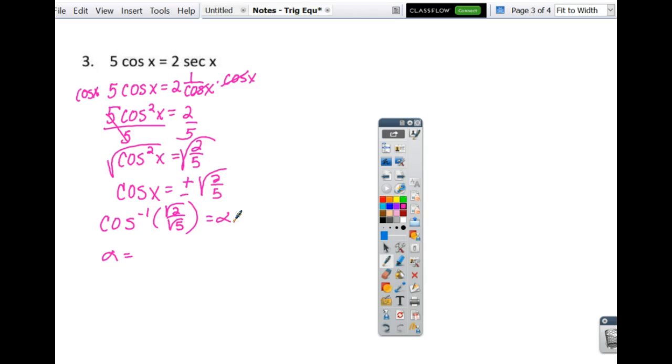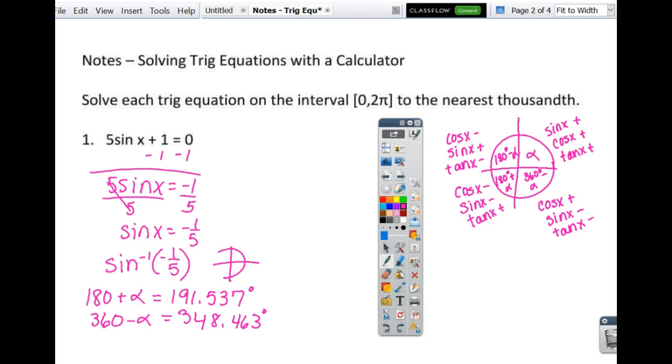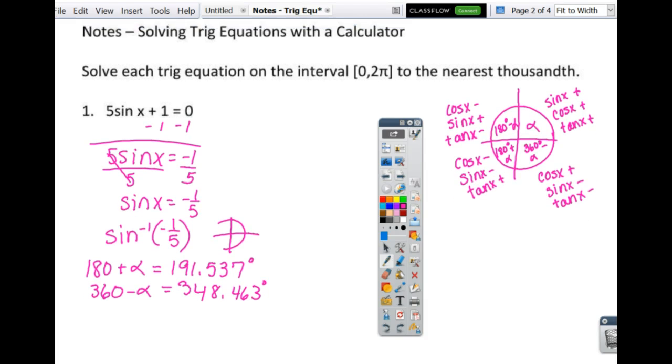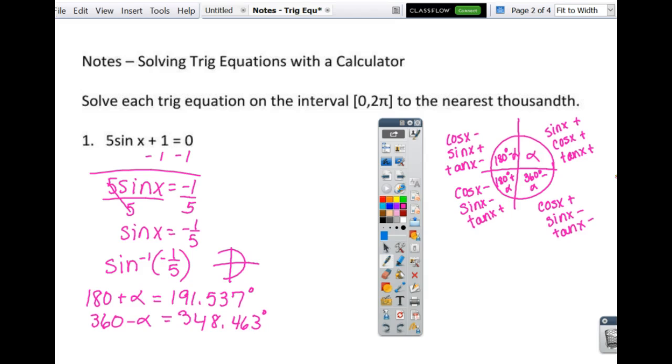That's the positive one. So how many answers do you get this time? It's a plus or minus cosine. Where's the plus and the minus cosine? Oh, yeah. No. Second and third, it's negative, and it's positive in the first and fourth.